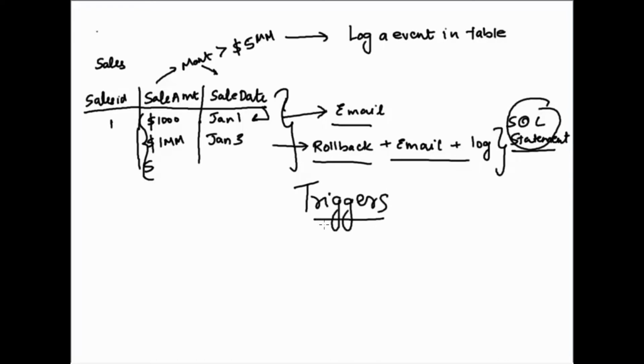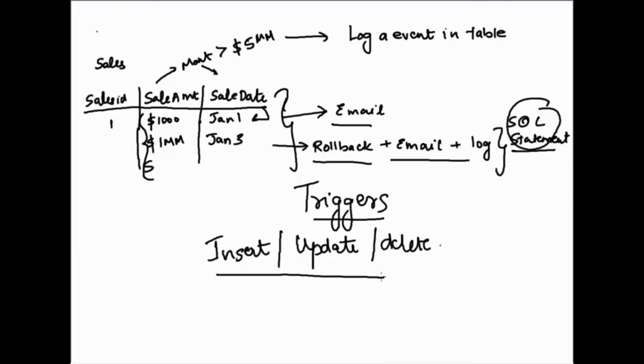Triggers are statements that automatically run when some sort of an insert, update, or delete happens to your table, right? You can actually predefine on insert what code should run, on update what code should run, on delete what code should run.